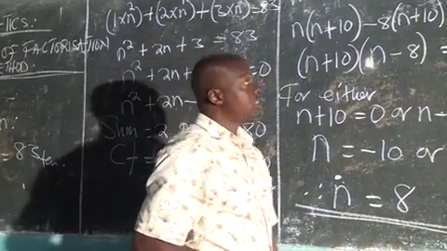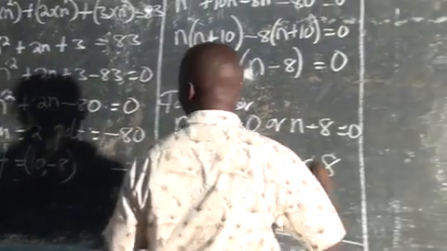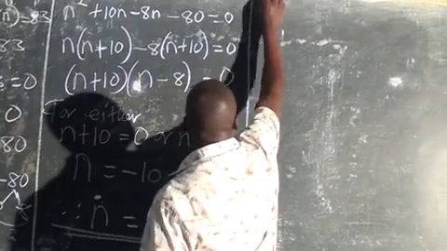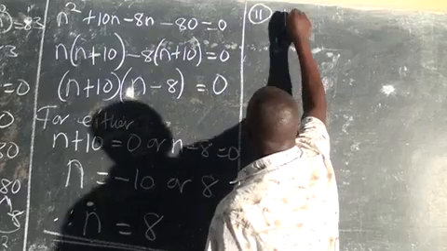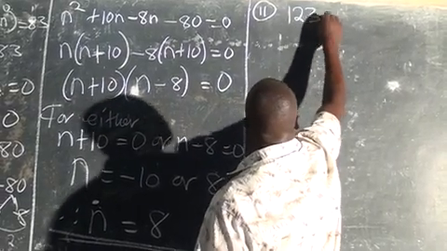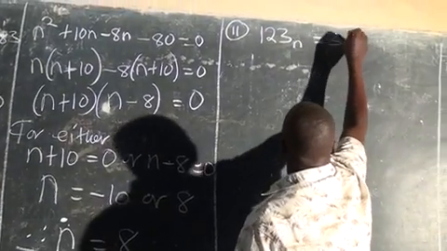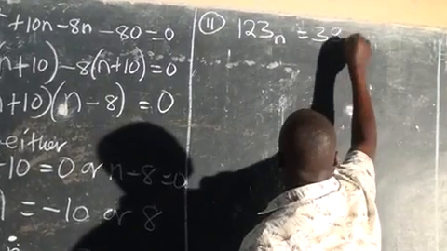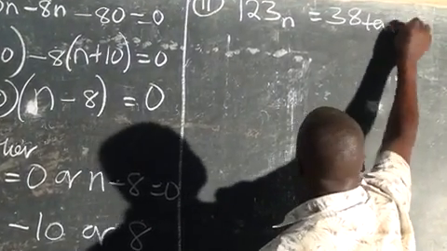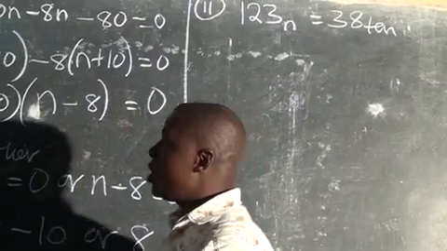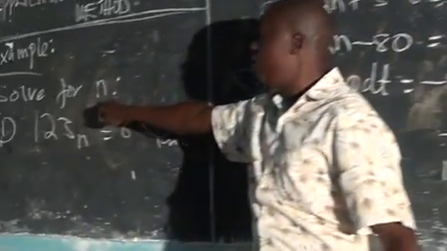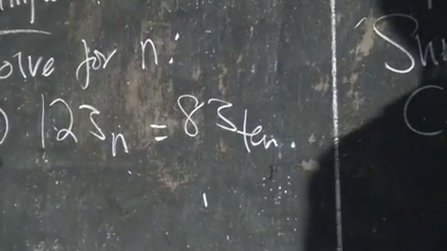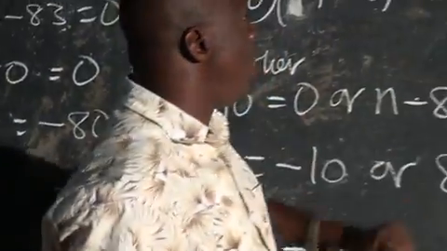Allow me to look at the second number, that is number 2, whereby we have 123 base n. This one gives 38 base 10. But the question was, solve for n. Let us carry out the same procedure as in number 1.